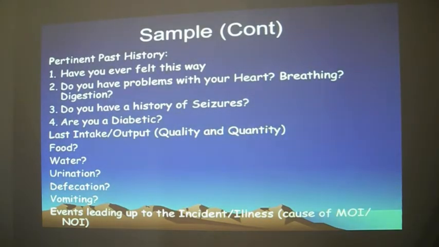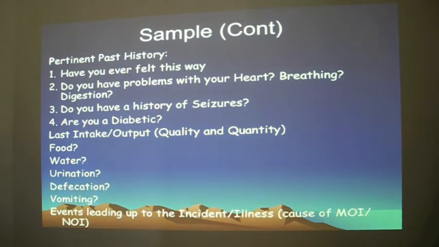When was the last time you had a bowel movement? Was that bowel movement normal for you? Vomiting. Did you vomit? How many times did you vomit? Can you tell me what was in your vomit? Was it just all clear, or were there different food chunks in it? That kind of stuff is what you have to ask here.